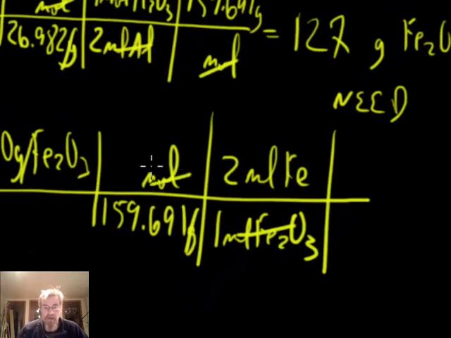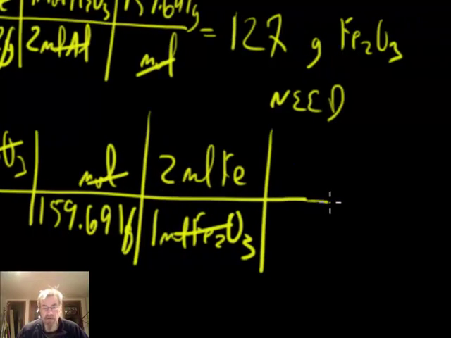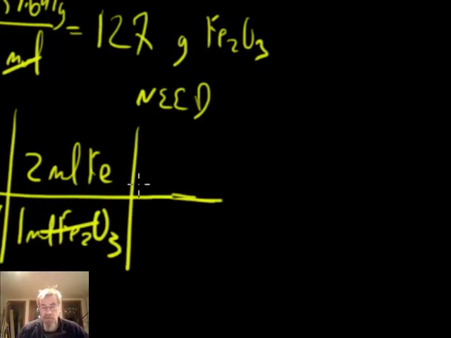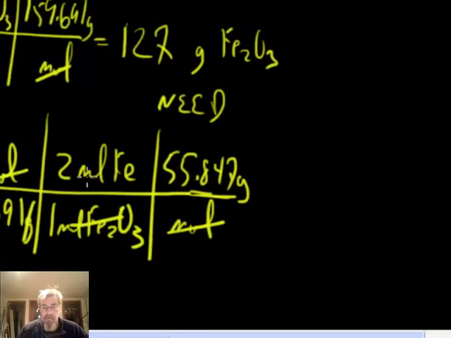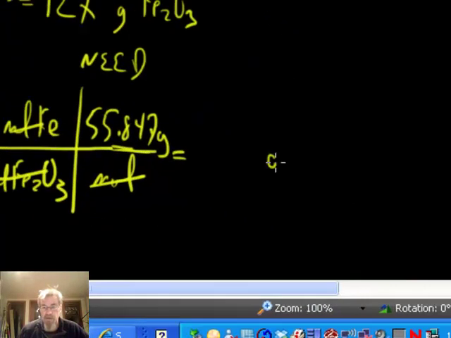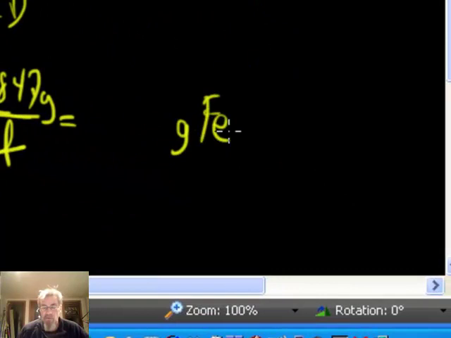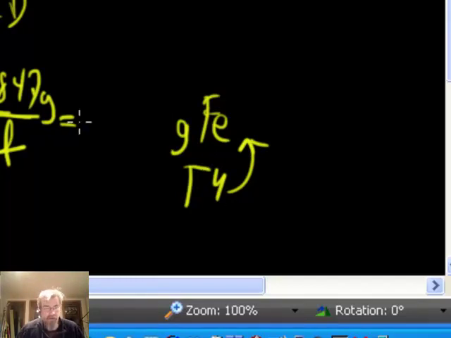So that mole ratio cancels out moles of Fe2O3. My next step is to convert this into grams of iron using the molar mass of iron, which is 55.847 grams per mole. Final conversion done, and I have grams of iron. This is my theoretical yield, what I need to compare with my actual yield. To 3 significant figures, this comes out to 30.1 grams.